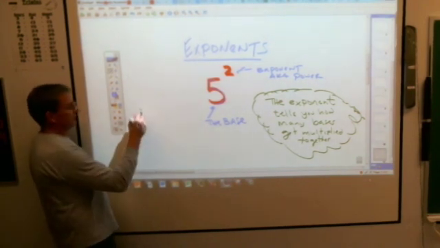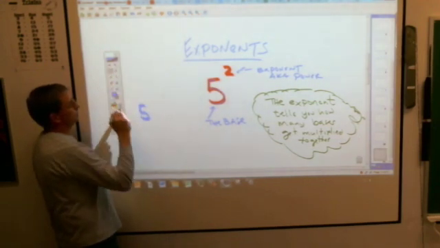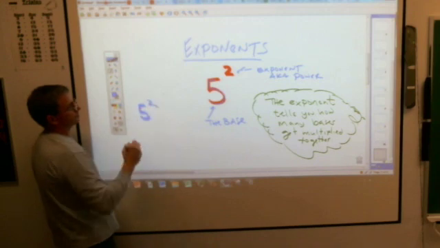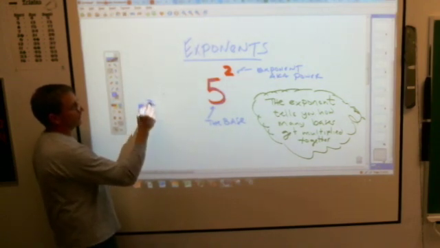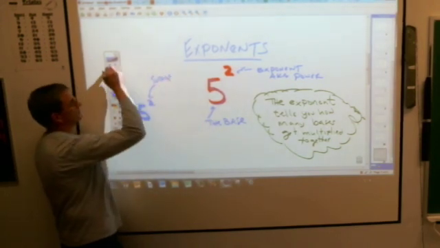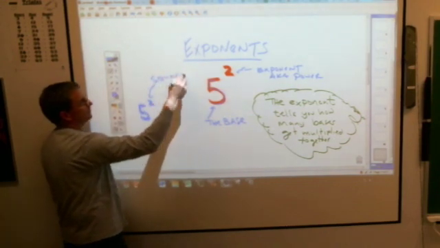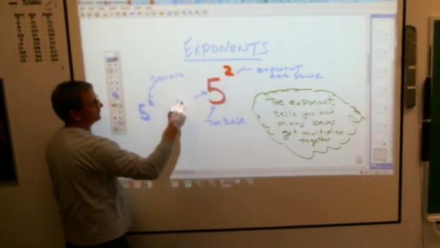Which means this. Let's go back to my 5 squared. And by the way, when it's a 2, we call that squared. 2's have a special name. An exponent of 2 is called squared. So you would read this as 5 squared.